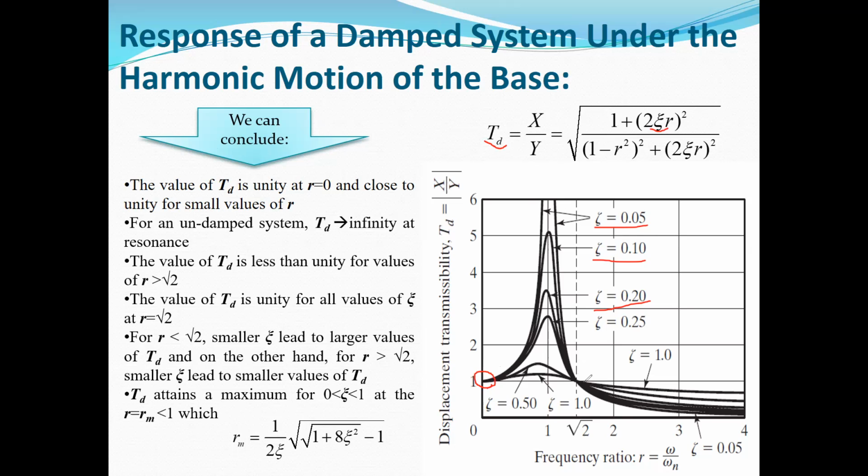And also, at this point, when omega is equal to square root of 2 times omega n, or omega is approximately equal to 1.4 times omega n, for all values of the damping ratio, again you can see that the amplitude of the response is equal to the amplitude of the excitation.